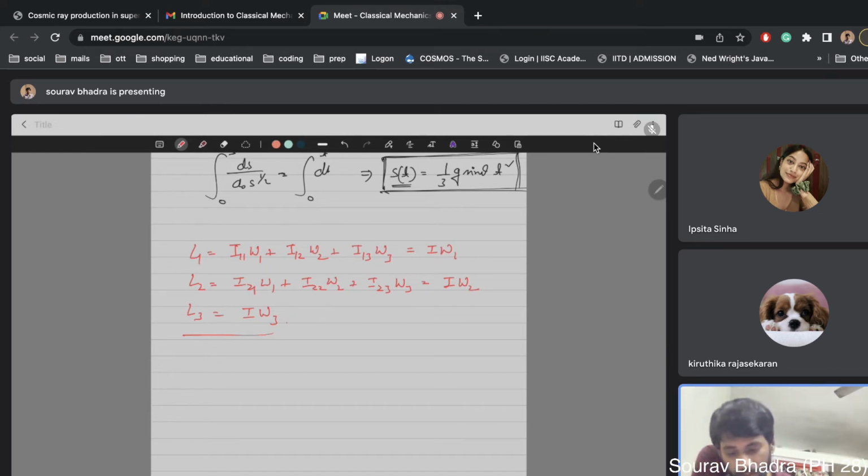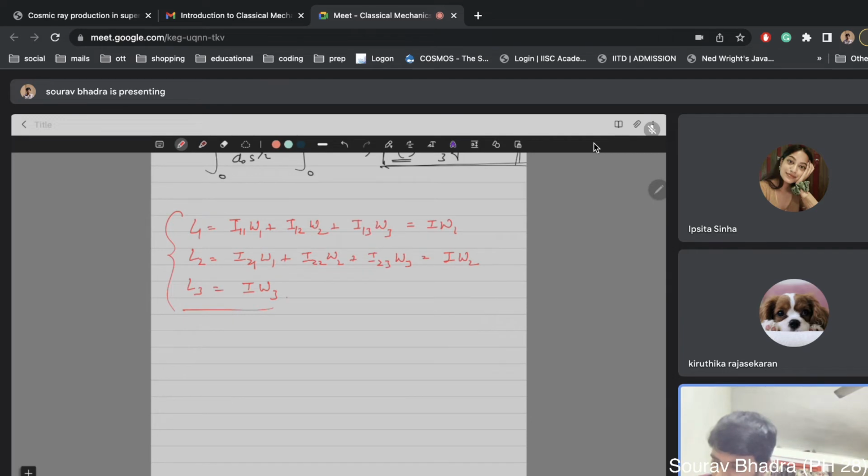Now from this system of equations, one thing you can write. When you are going to the principal axis, you have to solve a particular determinant, which is called the characteristic determinant.